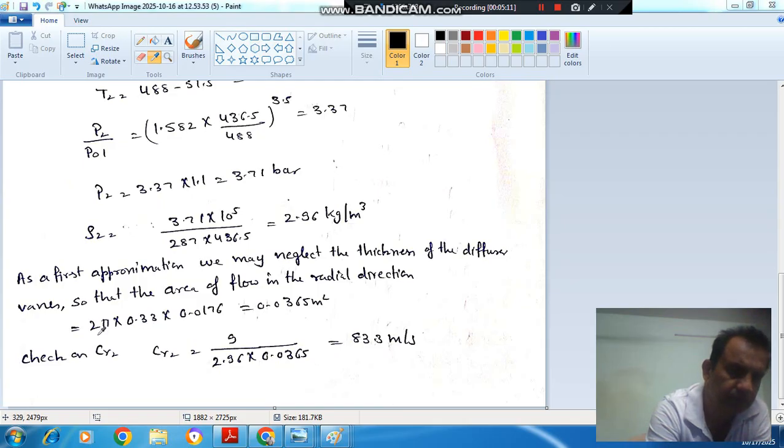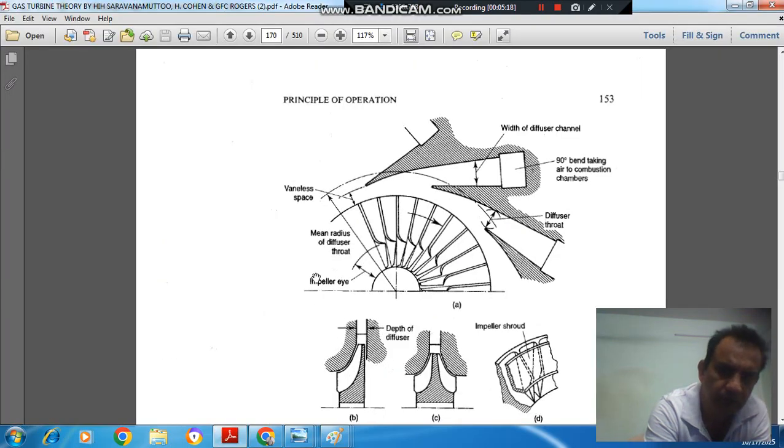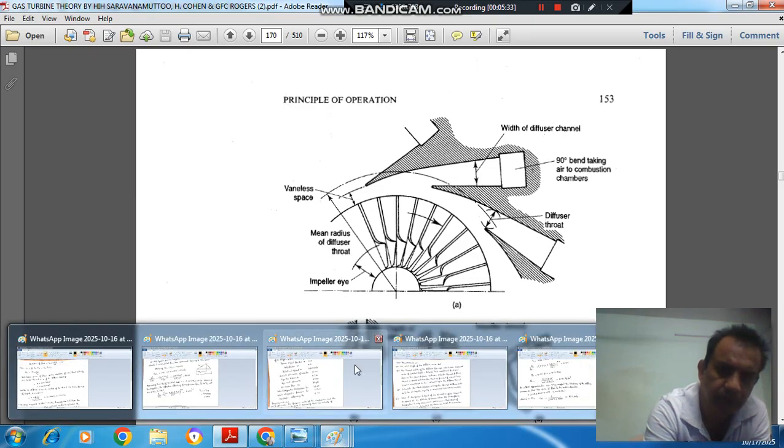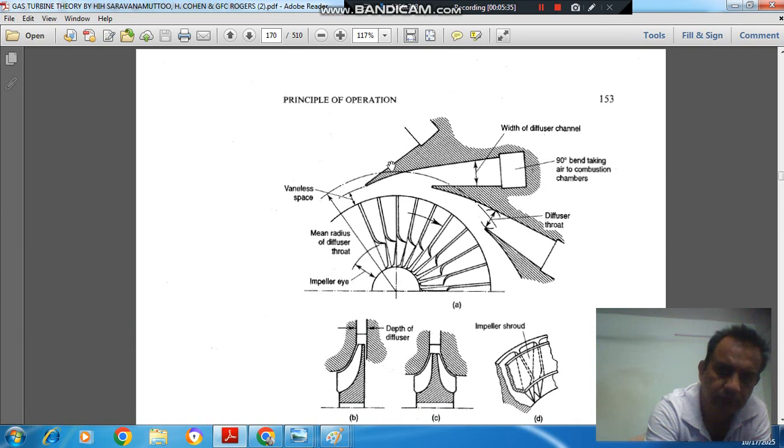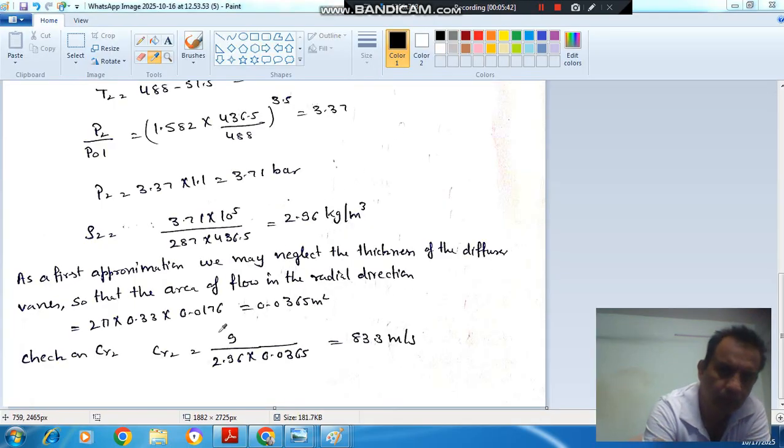The area is the perimeter into depth. The depth is 0.0176, and the perimeter is 2 pi into 0.33, so it will come out as 0.0365 meter square.